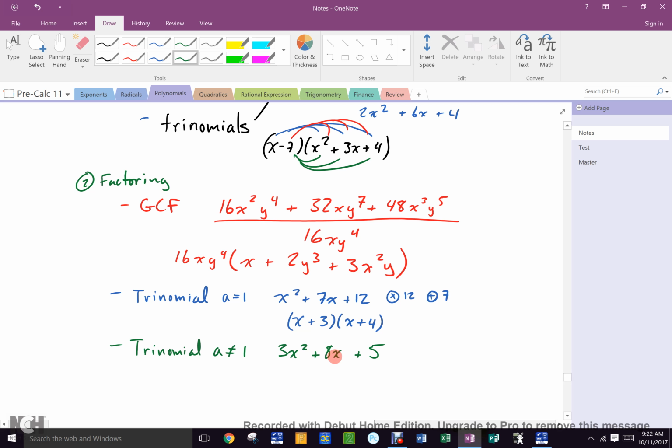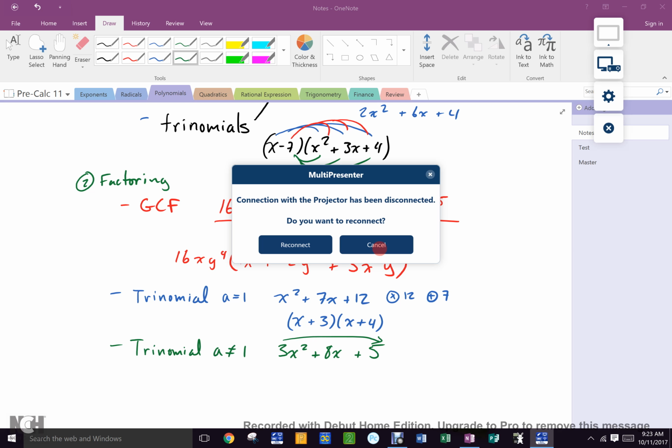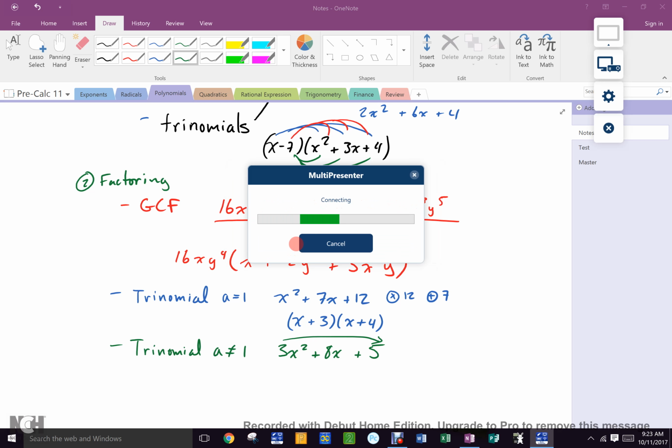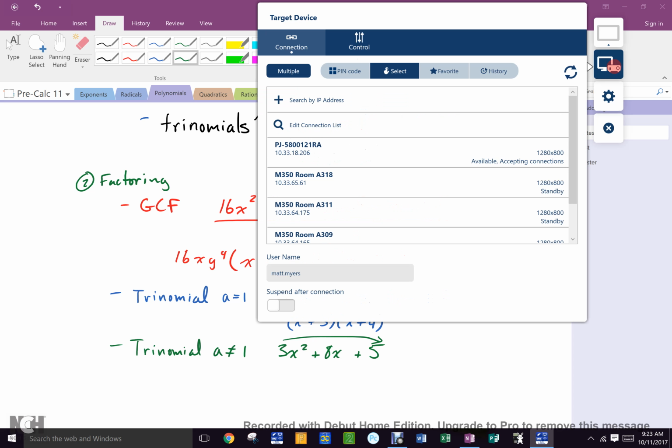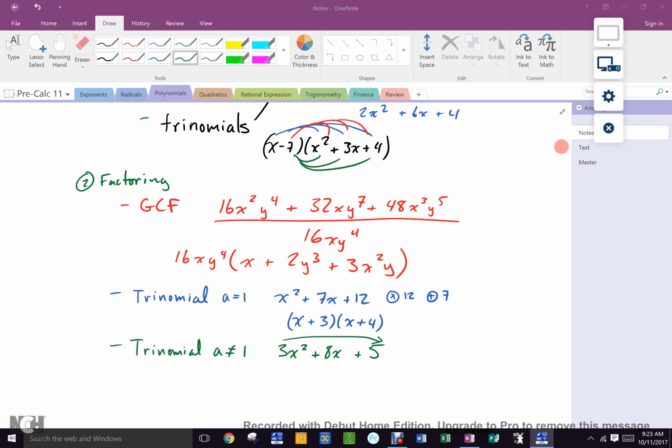What do you do with that? You bring the 3 along. Multiply to 15, add to 8.